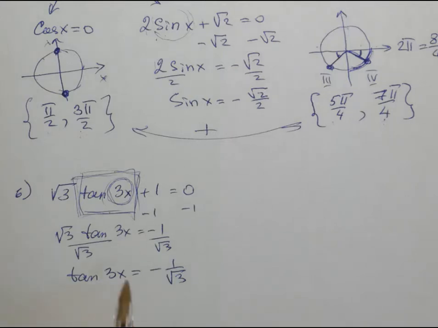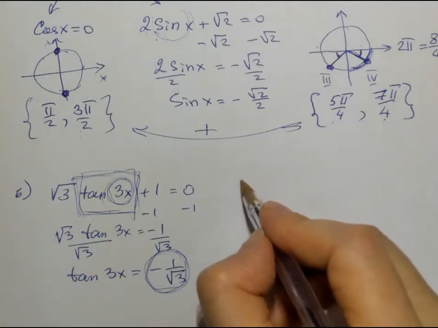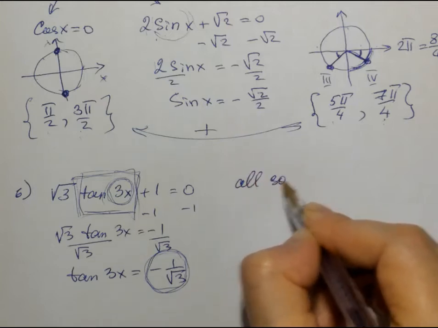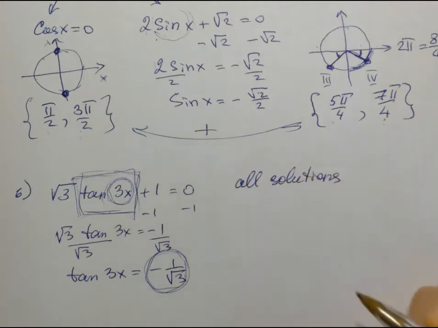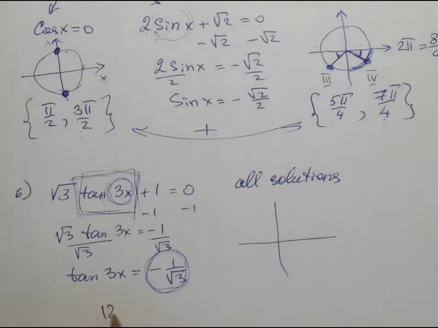So now we have to find the values on a unit circle that have such a tangent. And we want to solve this equation for all solutions. So here you should remember that tangent has a period of 180 degrees or pi. So it means to our solution we can add 180 times n, or pi times n.